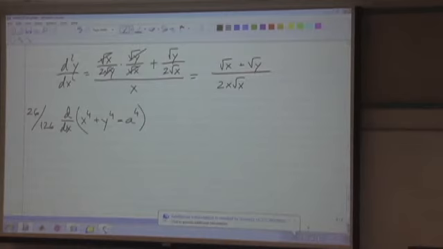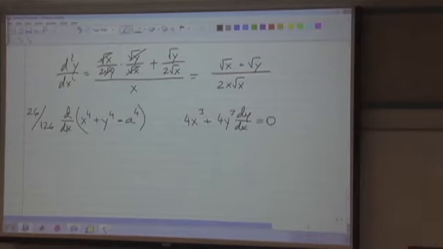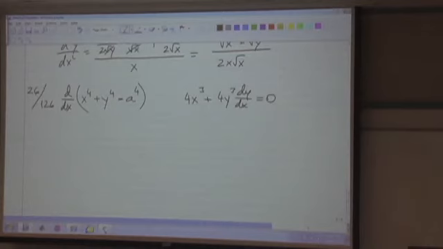Alright, so what's the derivative on the left hand side? 4x cubed plus 4y cubed dy over dx is equal to? 0. Wonderful. So, on the same token as what we've done before, dy over dx is going to be minus x cubed over y cubed.